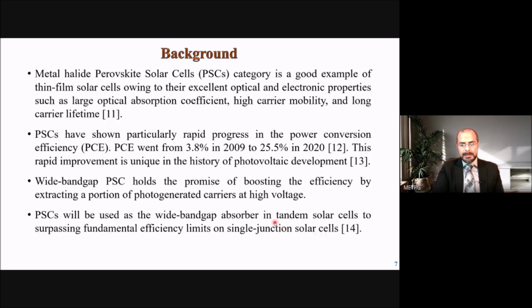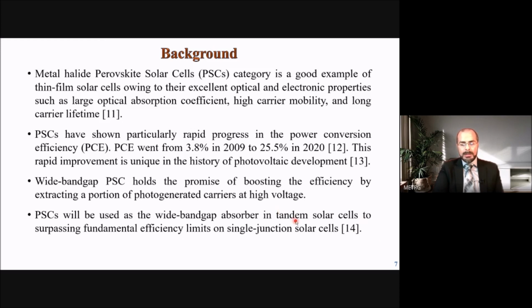Tandem solar cells means you have more than one cell, and you stack them and connect them together. There are two ways, monolithically or mechanically stacking, to have one cell with multiple cells inside it. The purpose is to surpass the fundamental efficiency limit, so we need to increase the efficiency.